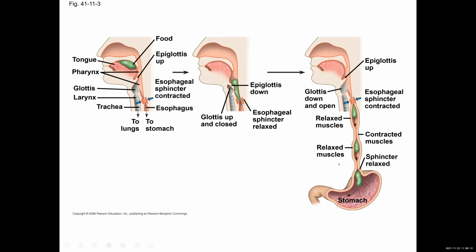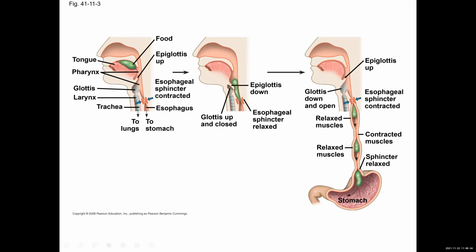All right, so when we get the food down to the top of the stomach, it has a valve at the top of it. And as food is pushed by the contraction of these circular muscles, it'll squeeze it through that sphincter into the stomach, right?